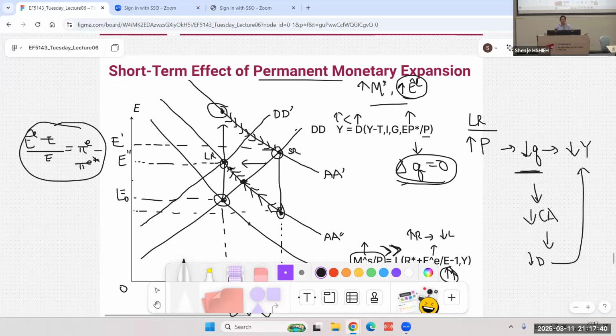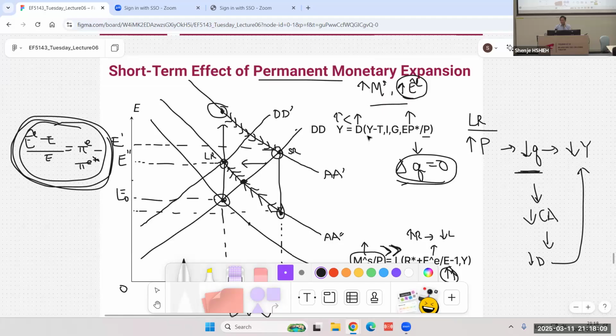So the question is now, how much does it shift, right? How much it shifts can be decided if you impose PPP. So if you impose PPP, that's this thing, right? Expected depreciation of the home currency is equal to inflation differentials. Then any change in P must also be any change in E, right?